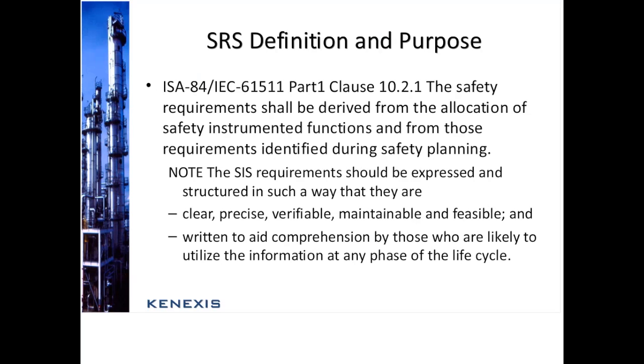So that is, no matter what type of document is being produced, be it the PHA, the process hazards analysis, the LOPA, the layer of protection analysis, or the SIL selection, the safety integrity level selection for the safety instrumented functions, this documentation should be done in a very clear and definable way that makes it easy for a layman to understand, such as the instrument tech who has to go out into the field and maintain this.